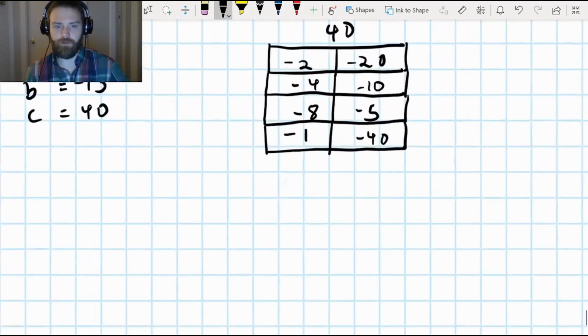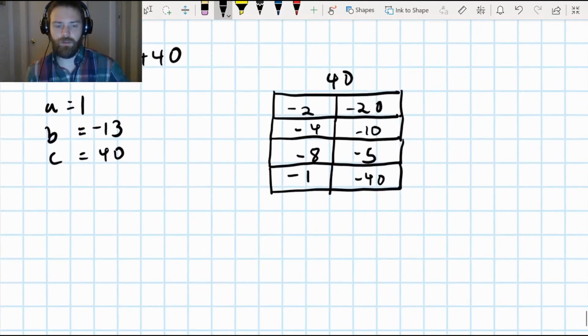And then what else could work? Trying to think what else could work. But you know, you could spin your wheels and you could use your calculator and divide it, and there probably is another factor. But if you take a look here, I've already got my pair.